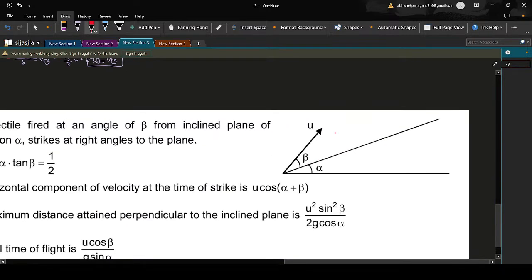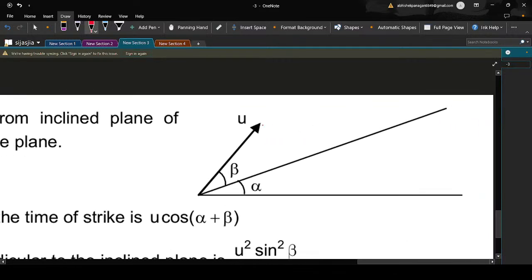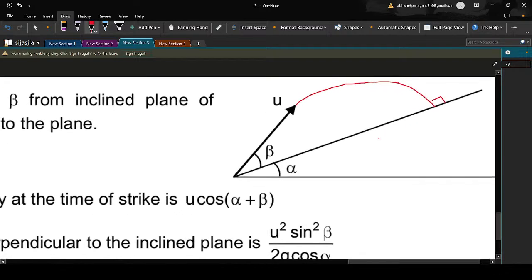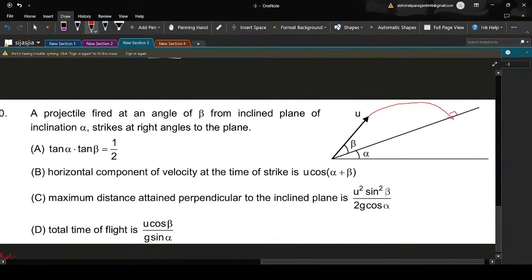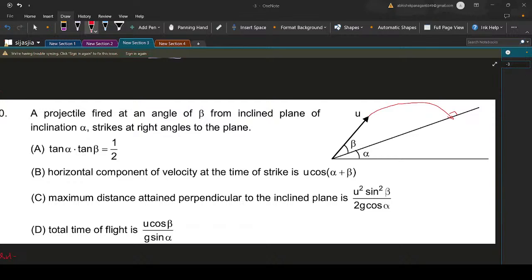So the particle strikes the plane completely perpendicularly, making an angle of 90 degrees. This is what the question said. The angle of projectile is beta as given.